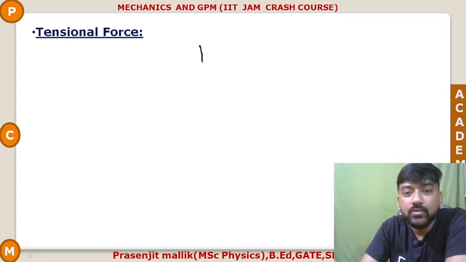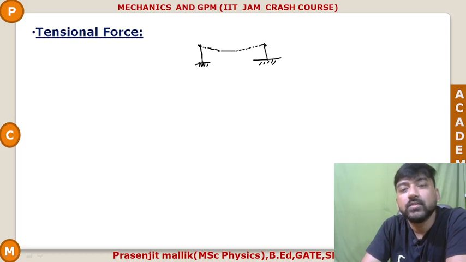We have supports, one here and one here also. A rope is suppose bound in this way. If the rope is just in this way, this is loose. So if you touch here, you will say that it is loose.